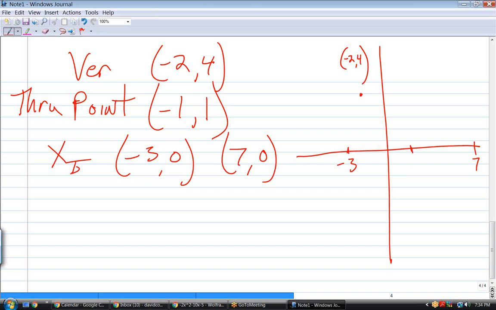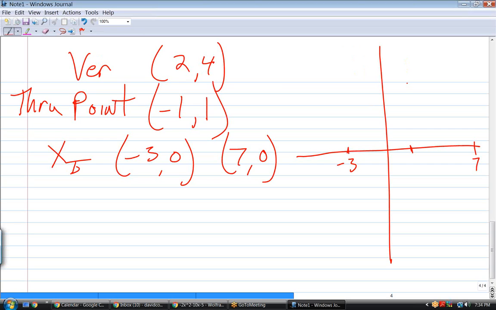The vertex has to be at 2 comma 4, not negative 2. Is that possible? Could you have copied it wrong? This is what she printed out, so... Well, there's no way the vertex can be at minus 2, and you'll see why.